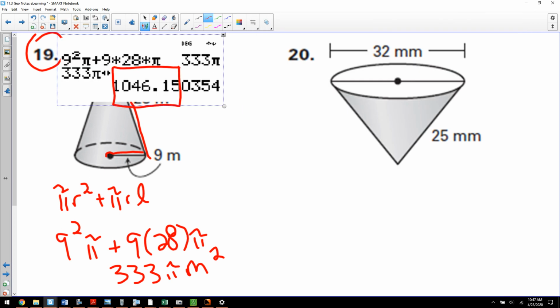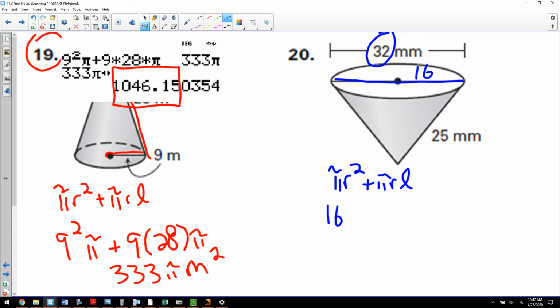Okay. So next one, same idea, but notice this time you're given the diameter. If you're given the diameter is 32, that means you take half of it, and you get 16 for the radius. So pi r squared plus pi r L. So it's 16 squared times pi plus 16 times 25 times pi. Once again, go right to our calculator.